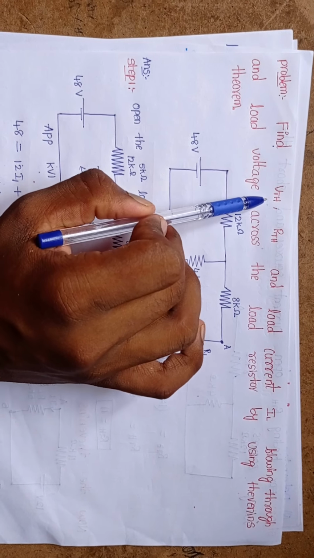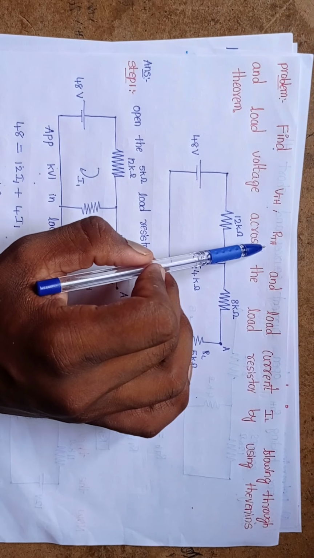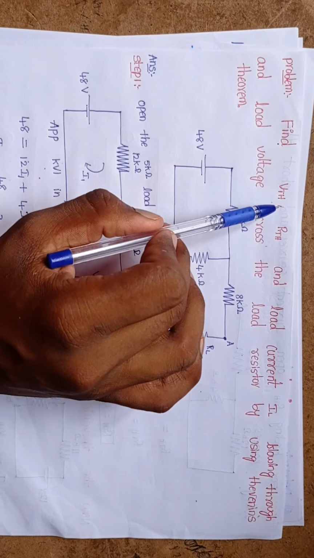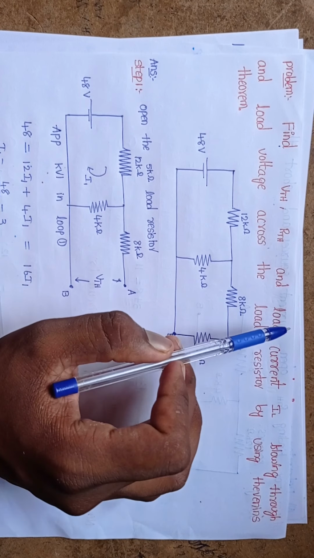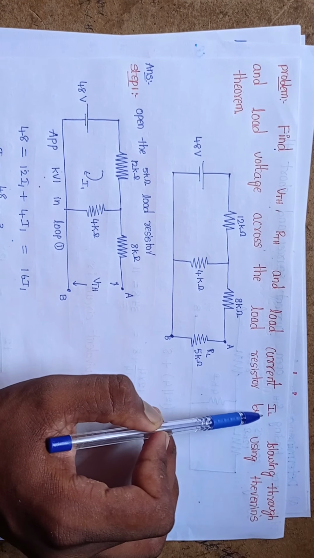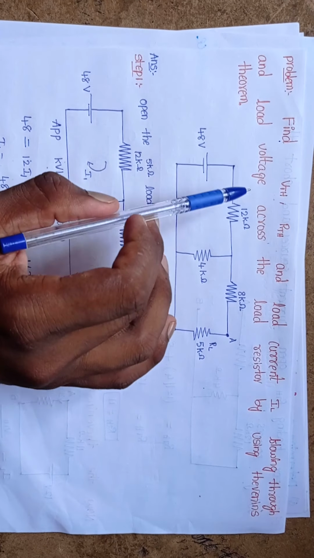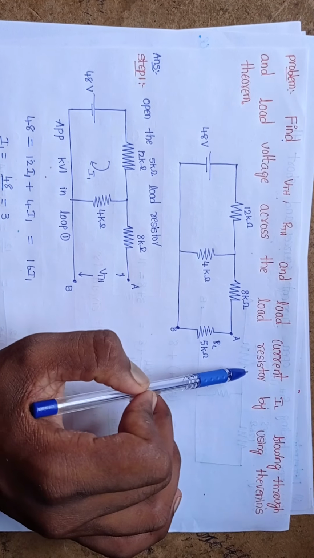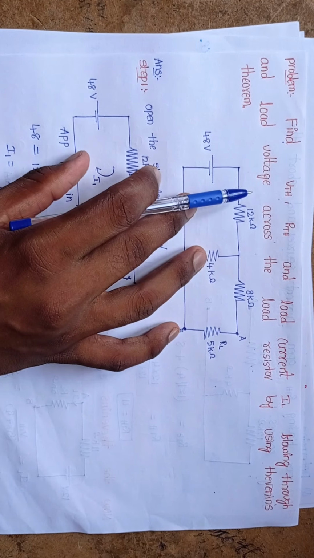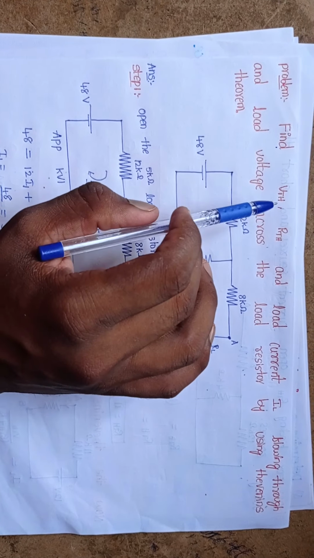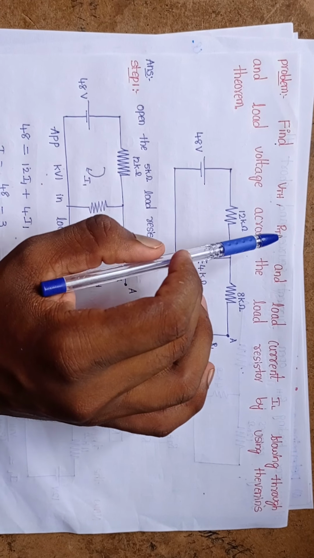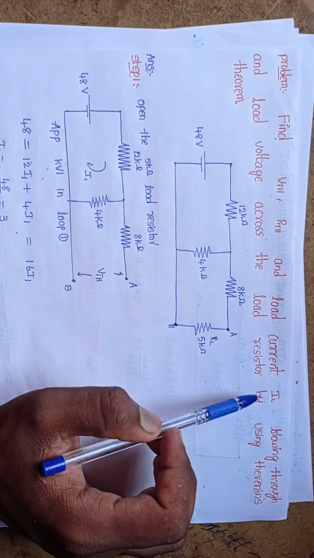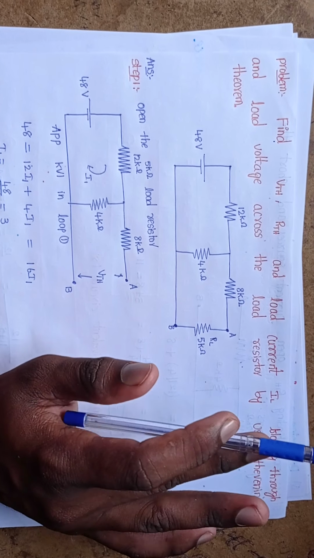VTH means Thevenin's voltage, RTH means Thevenin's resistance, and the load current IL flowing through the load and the voltage across the load resistance by using Thevenin's theorem. So we have to find the Thevenin's voltage, Thevenin's resistance, the current flowing through the load IL and the voltage across the load.